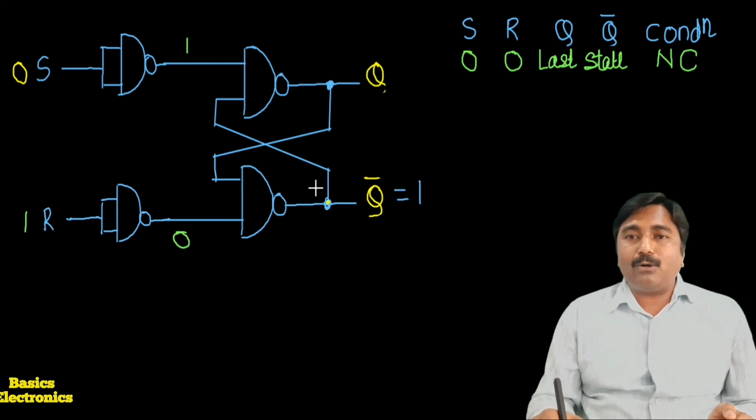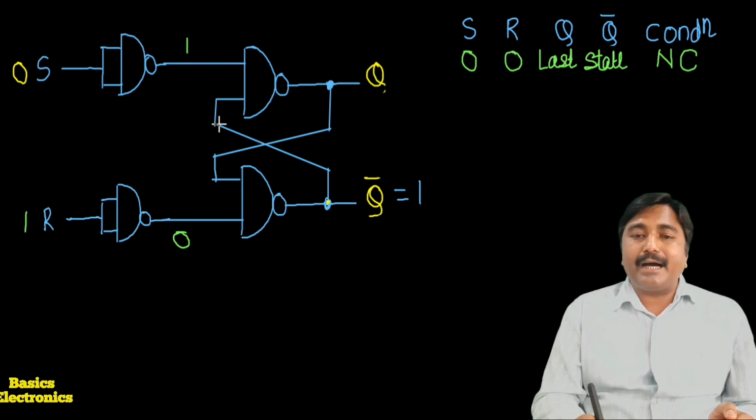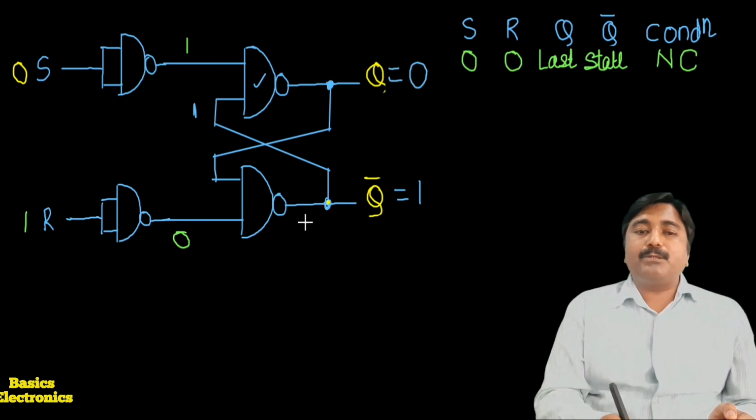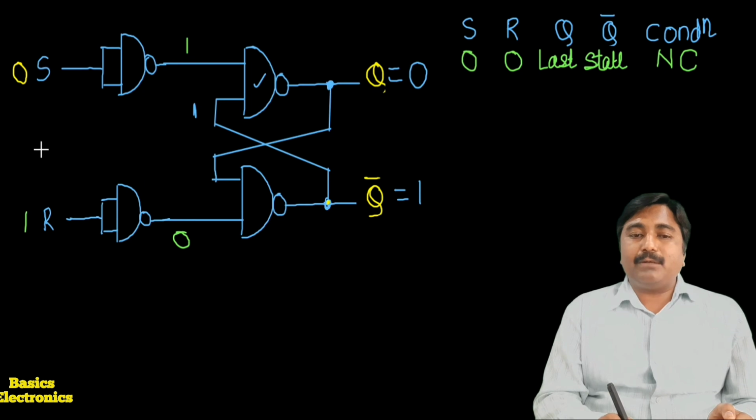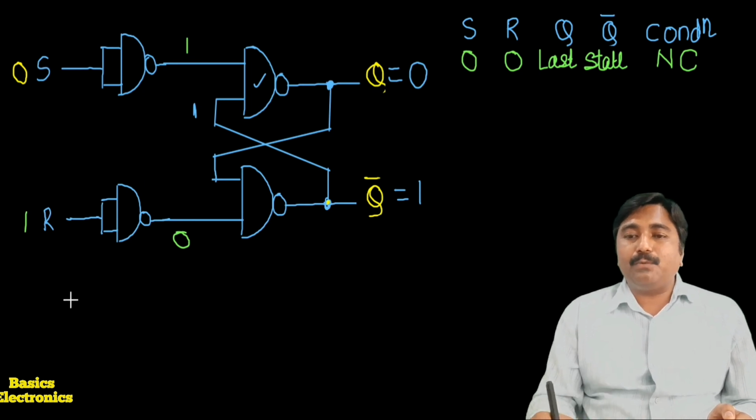The lower NAND gate output produces Q bar equals 1, and this Q bar is applied as an input to the upper NAND gate. This NAND gate has inputs 1 1, so it produces an output of 0. This means when we apply S equals 0, R equals 1, we get Q equals 0, whereas Q bar equals 1.